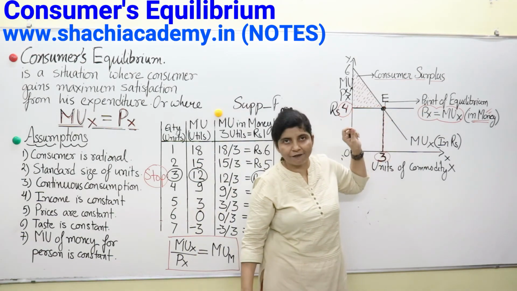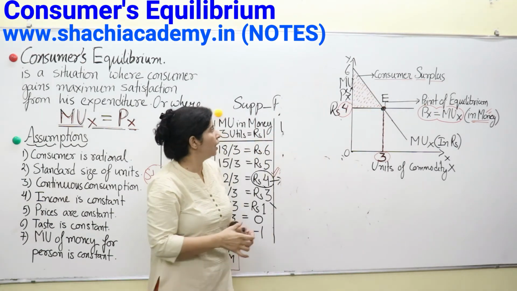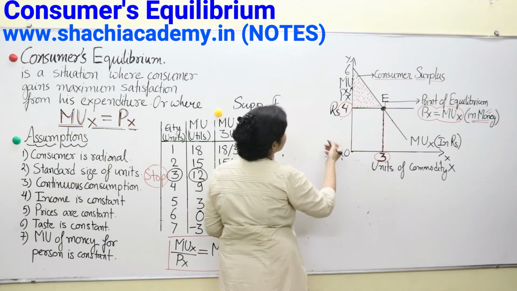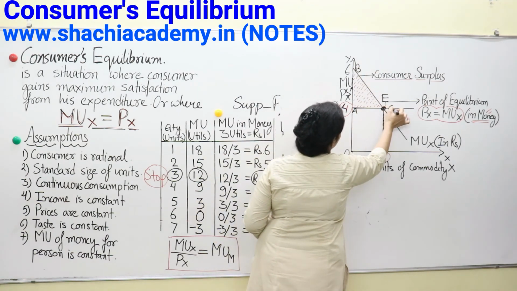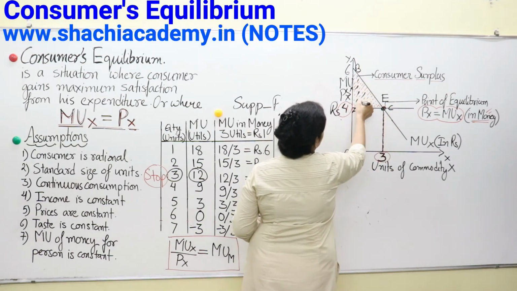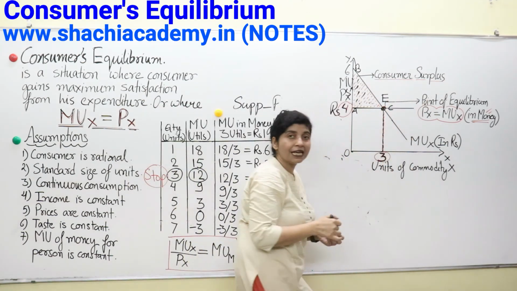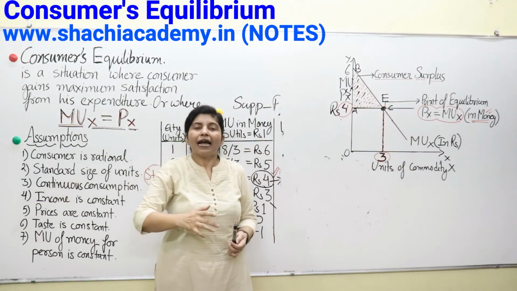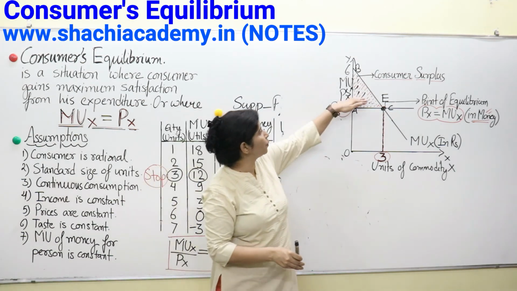Now, the portion which is shaded with this red marker, a triangle, we may say this triangle A, B, C, this one is your shaded portion, and this is known as consumer's surplus. That means he is gaining an additional amount of marginal utility from this portion.